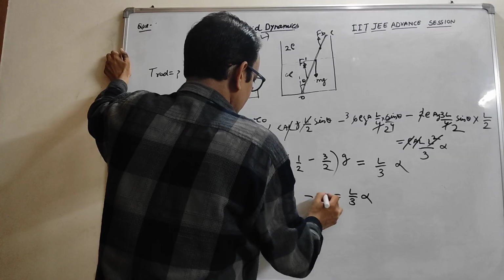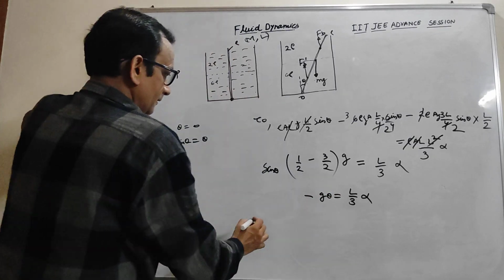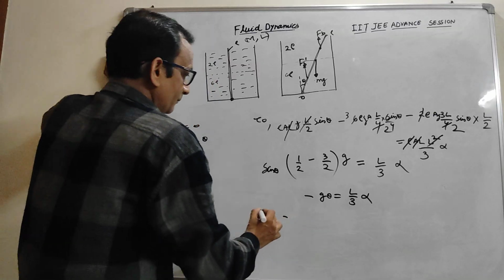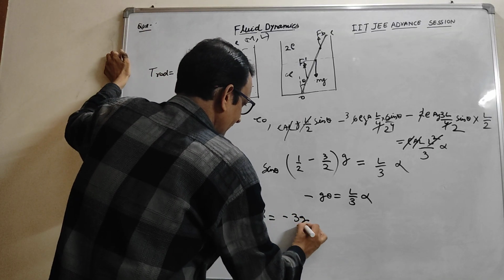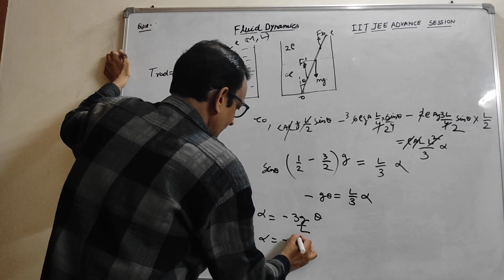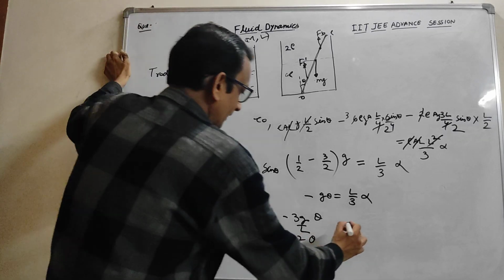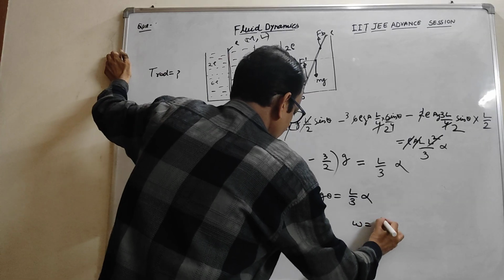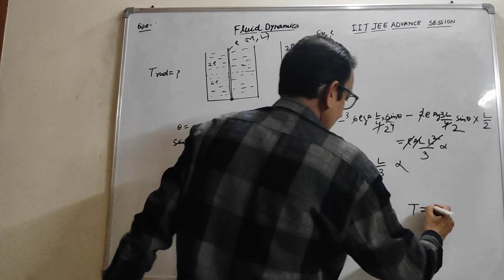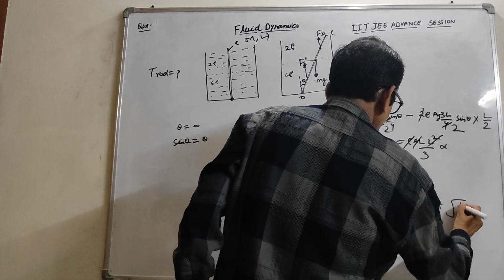So g theta. So alpha should be minus 3g by L into theta. So alpha is equal to minus omega square theta. So omega would be under root 3g by L. So the time period would be 2 pi under root L by 3g.